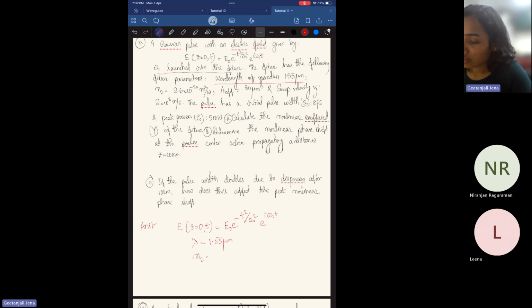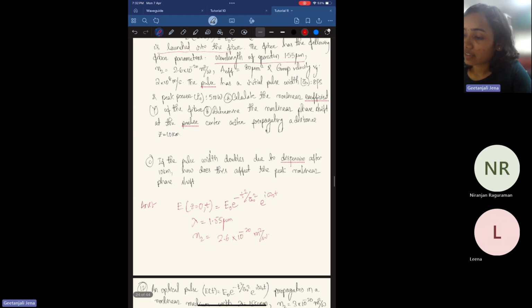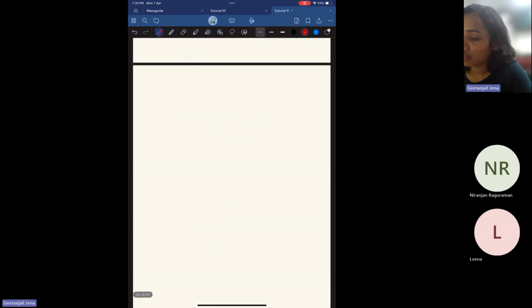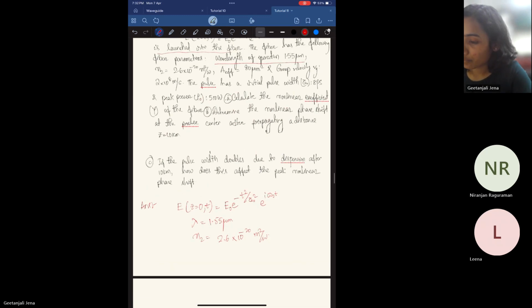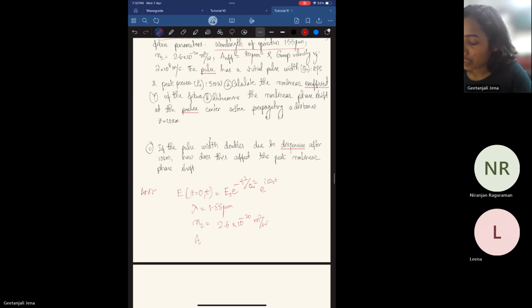N2 is given as 2.6 into 10 to the minus 20. A effective is also given, 80 micrometers square.